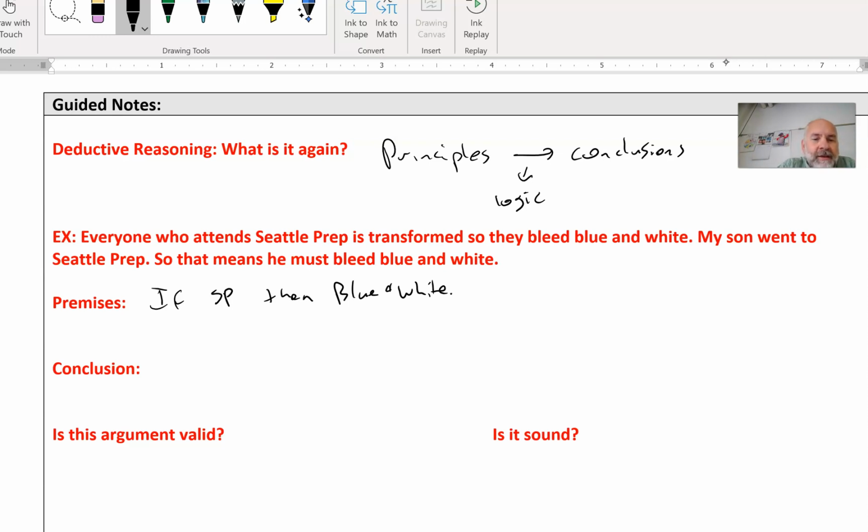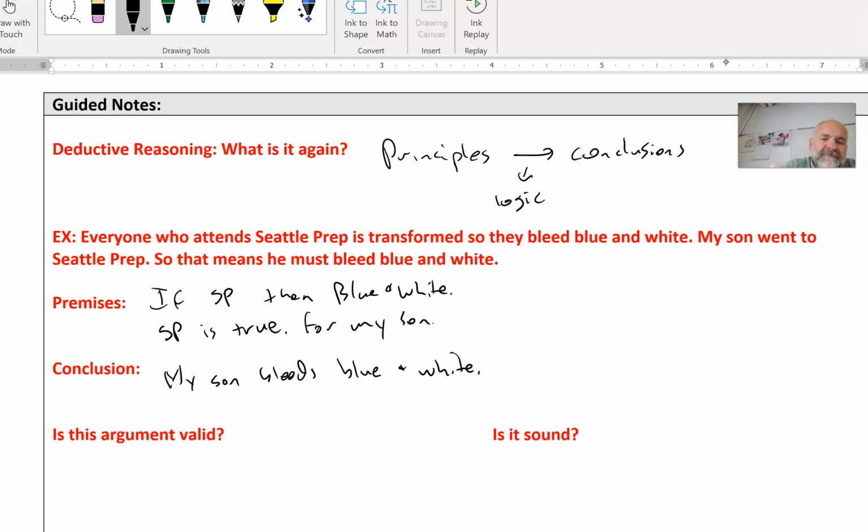And then we know my son went to Seattle Prep, so SP is true. Right? The conclusion then is my son bleeds blue and white. It's true for my son, I should say.